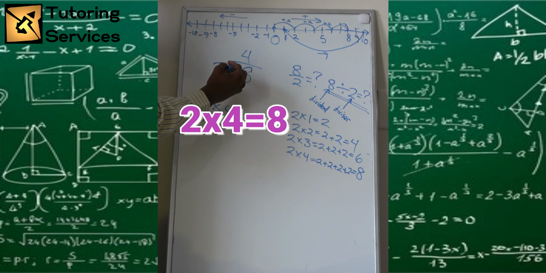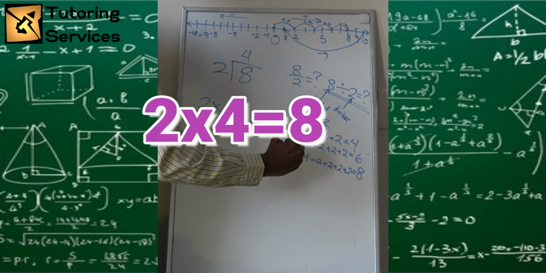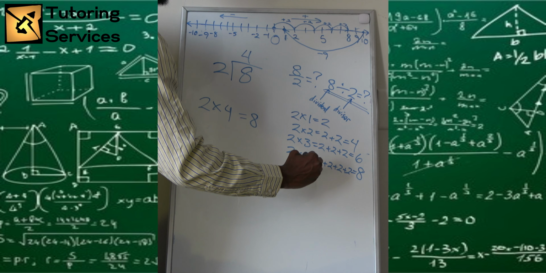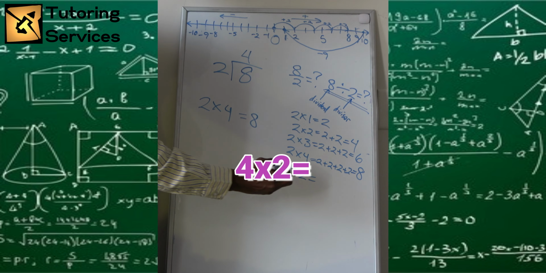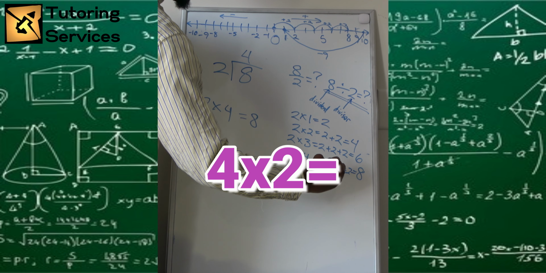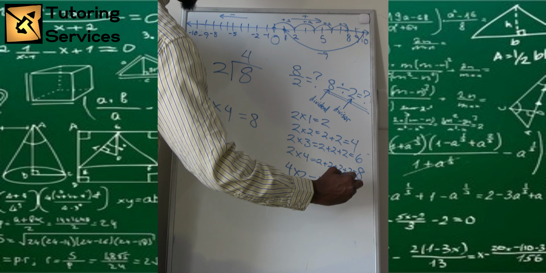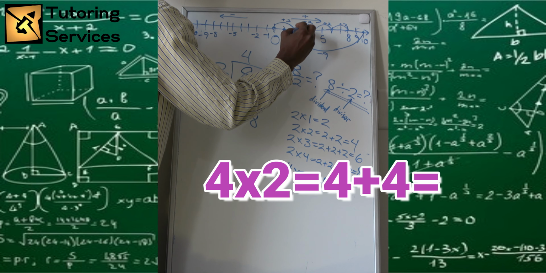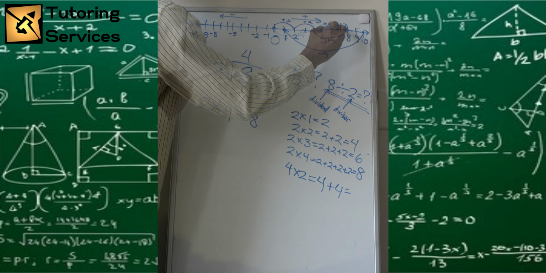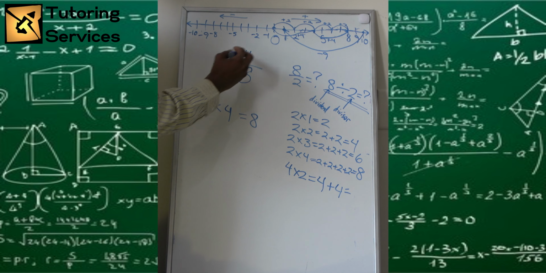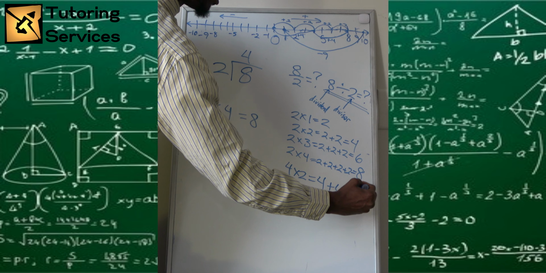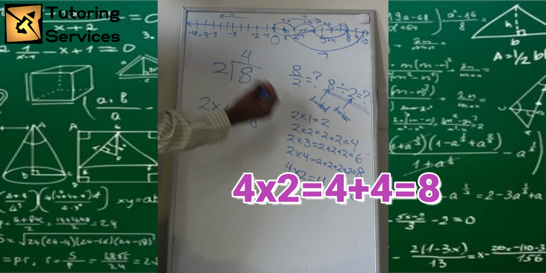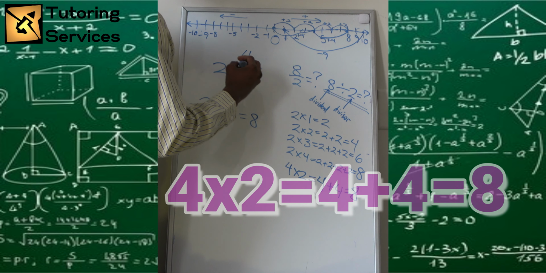Alright, now 4 times 2. What is 4 times 2? 4, 2 times, which equals 8. 1, 2, 3, 4. 1, 2, 3, 4. That brings us to 8. So 4 times 2, or 2 times 4, we know is 8.